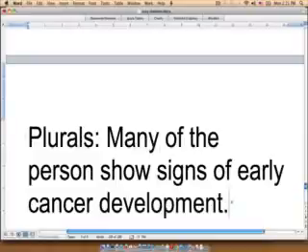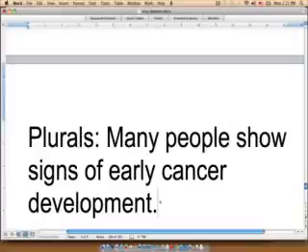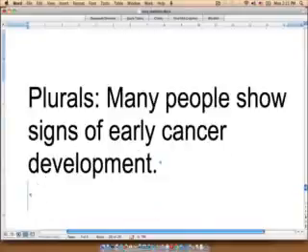Okay, I see errors like this every single day. Silly, silly mistakes. Not many of the person, many people. And of course, this would be marked. If you were to write the sentence, many of the person, of course you will be marked with having one sentence with one grammatical error.